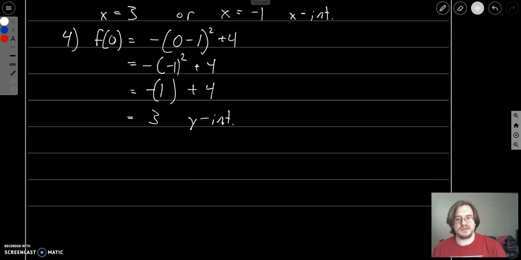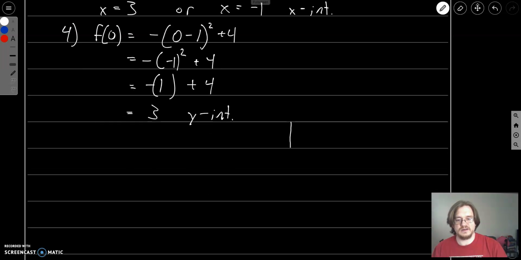So let's draw the picture. We've got to write up our coordinates: 1, 2, 3, 4. Our vertex was at (1, 4). Our y-intercept is at 3, so along the y-axis we go up to 3.